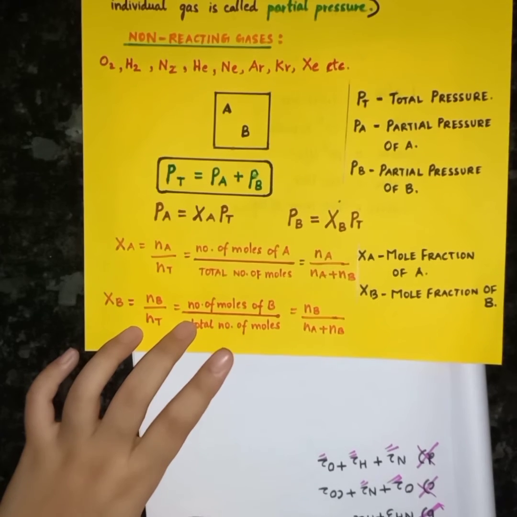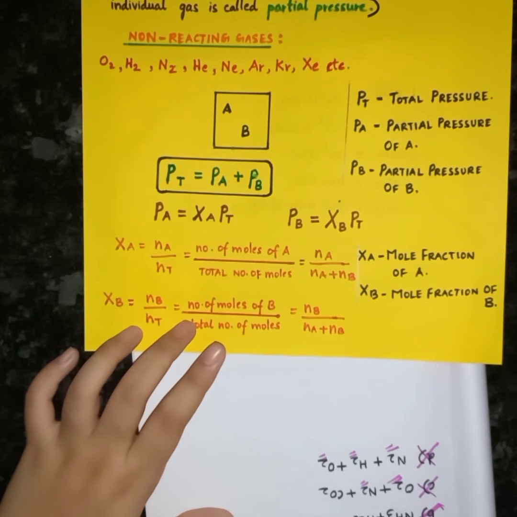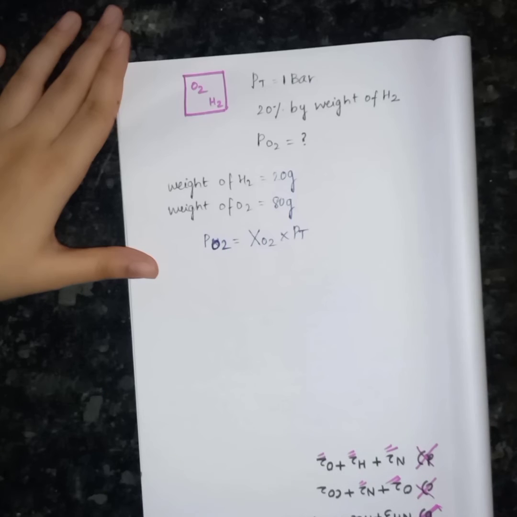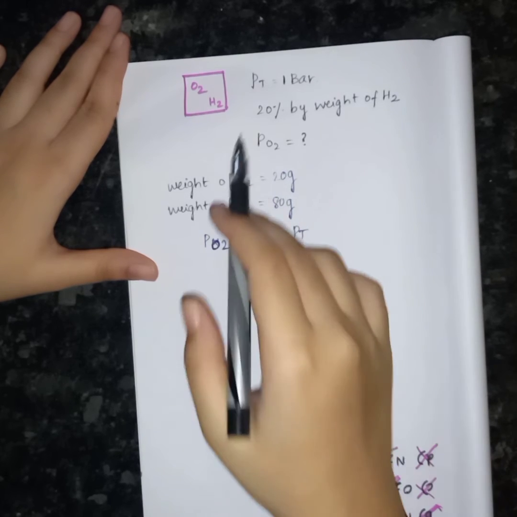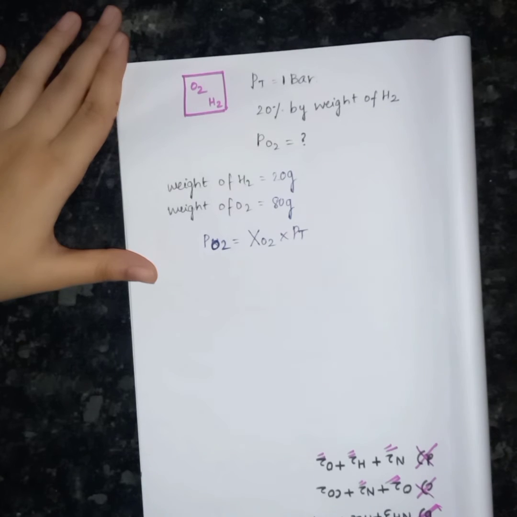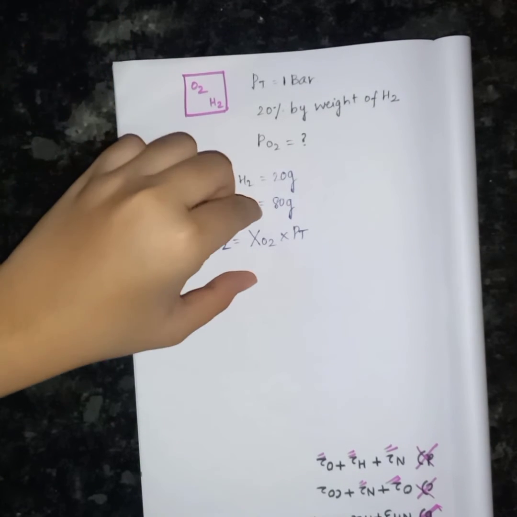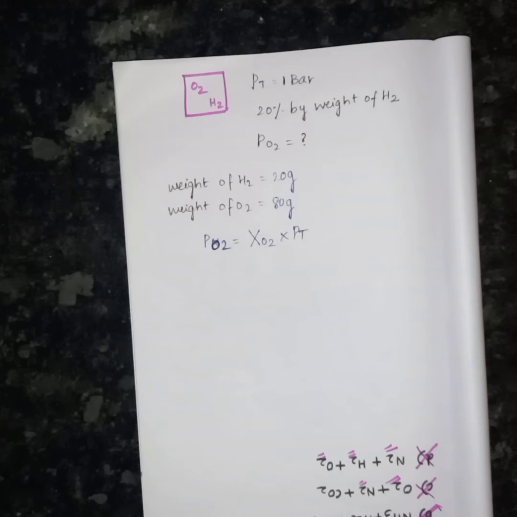We know that partial pressure of A is equal to mole fraction of A into total pressure. Therefore, partial pressure of O2 is equal to mole fraction of O2 into total pressure. The value of total pressure is given in the question, which is equal to 1 bar. So, now we have to calculate the mole fraction of O2.